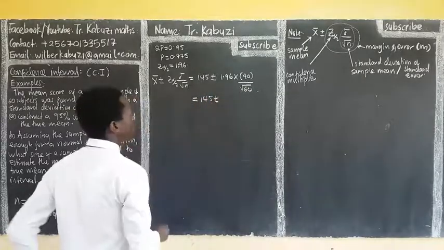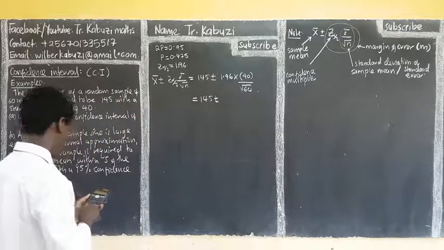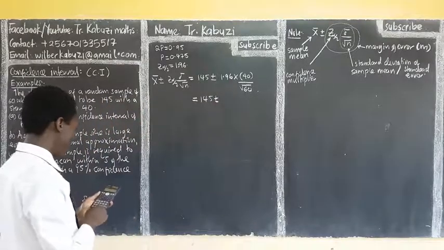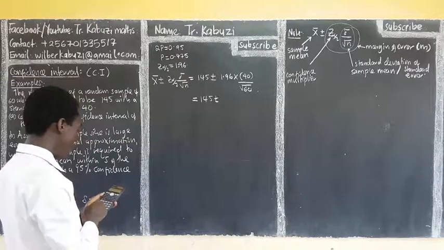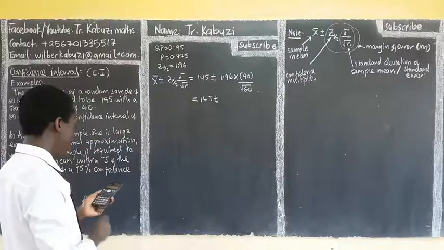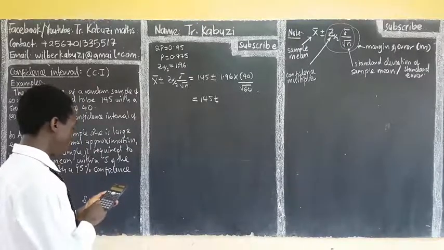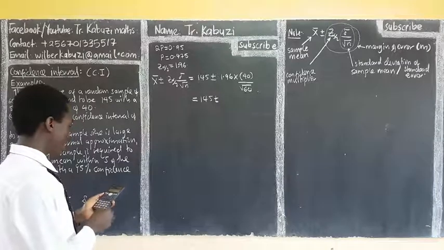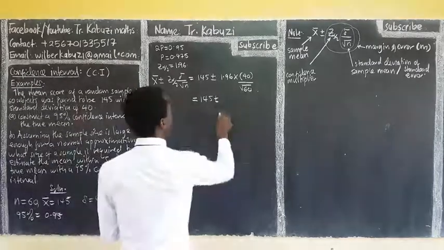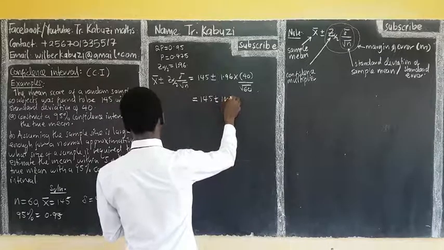When you press that on the calculator, you first press root 60, you press equals, then you say 40 divided by answer, you press equals, then times 1.96. And here, we give it to 4 decimal places.